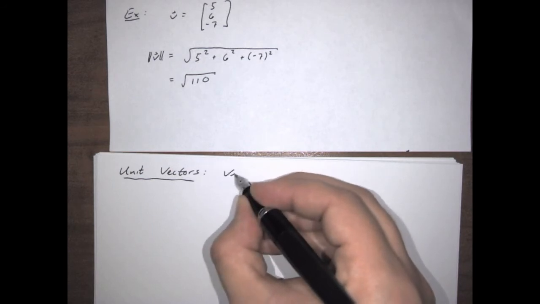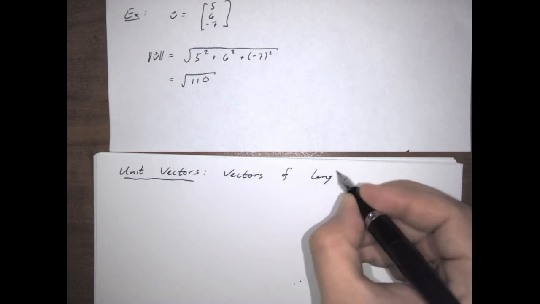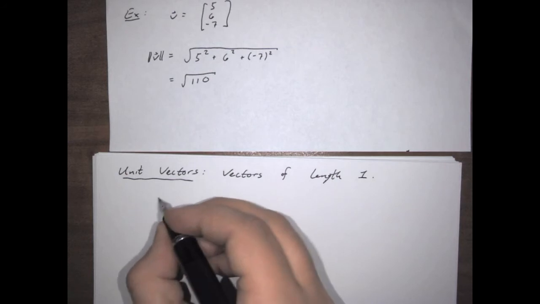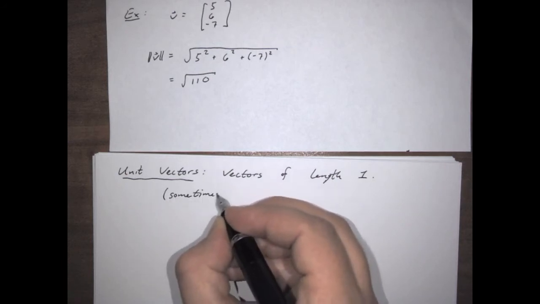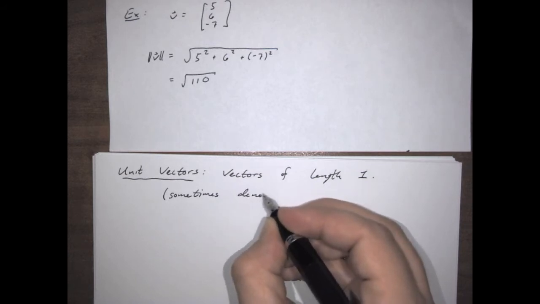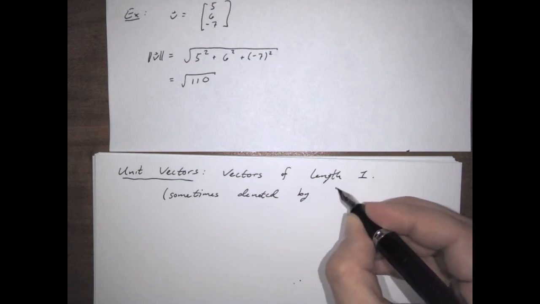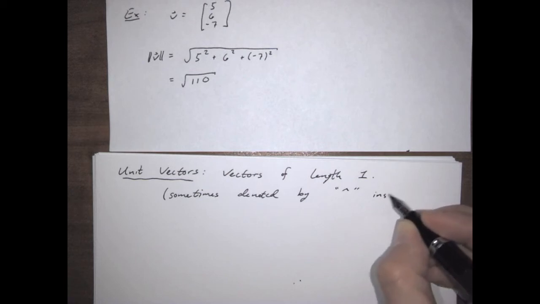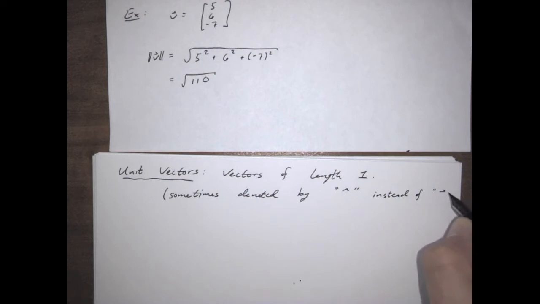So these are vectors of length 1, and sometimes denoted by a caret or a hat instead of the little arrow on top.